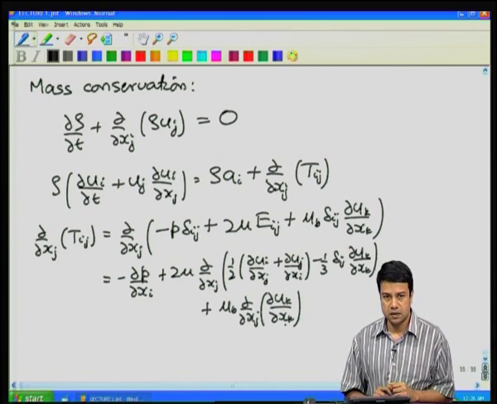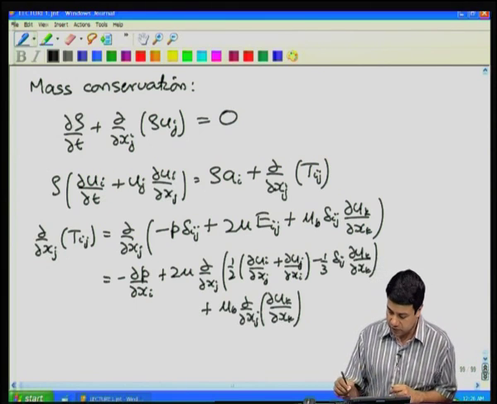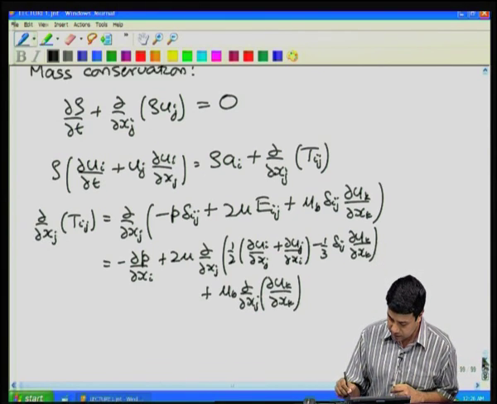Okay. So, that is the complete expansion of the divergence of the stress tensor.